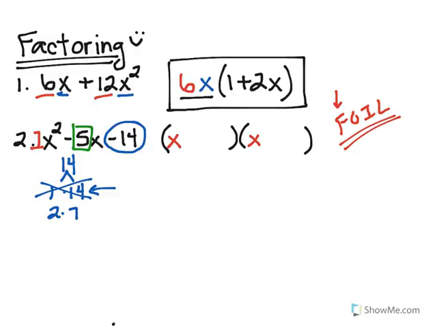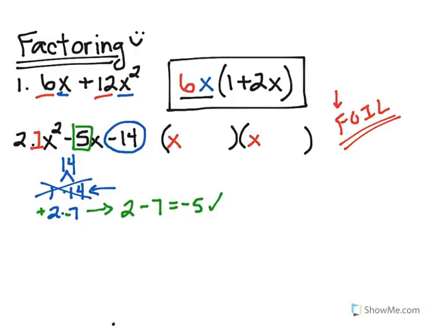But if you look up here, this 5 is negative. So what would we have to do to both of these numbers to make them act that way? And the answer is this. This 2 here would have to be a positive, and the 7 would have to be negative, so that when I do 2 minus 7, that gives me a negative 5.